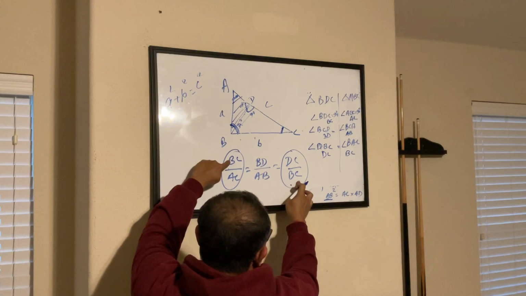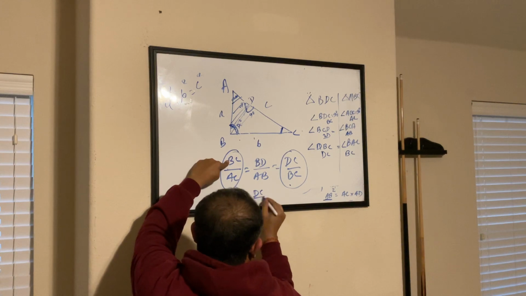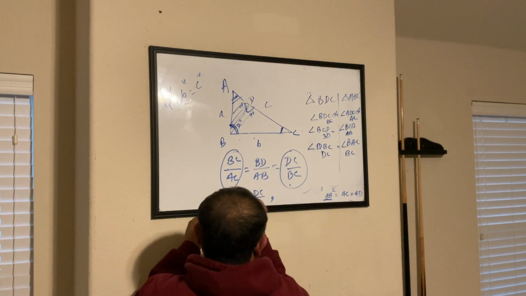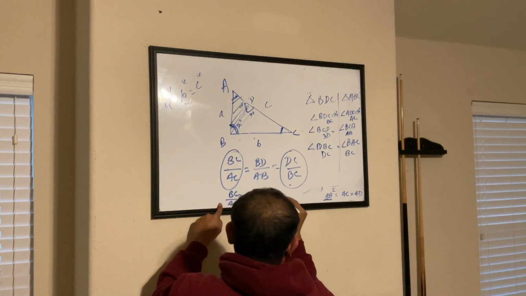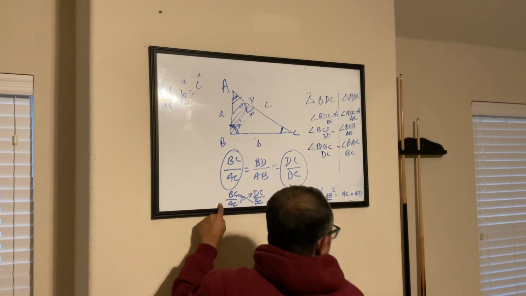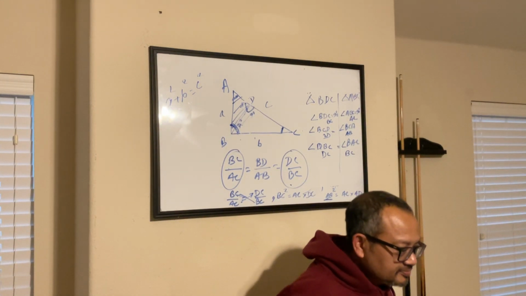So you'll say BC by AC equal to DC by BC, and hence you multiply this way. BC into BC, BC squared equals AC times DC. Somebody has raised hand? No?